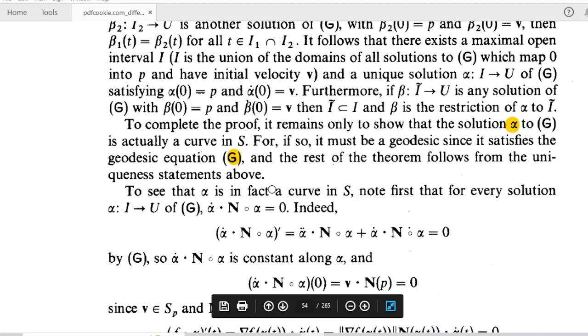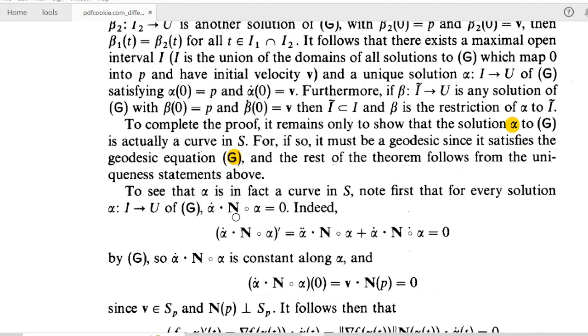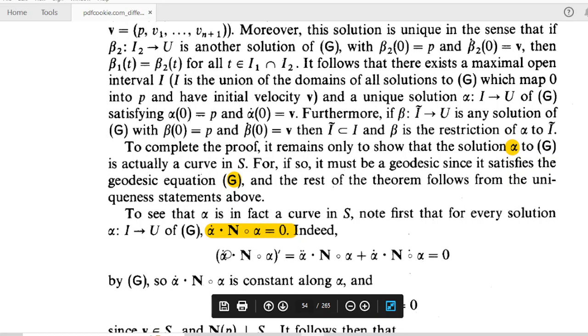So to see that alpha is in fact a curve in S, note first that for every solution alpha from I to U of G, every alpha is a curve and will satisfy this condition: alpha dot n composed with alpha is equal to 0. From the previous equation we get this equal to this, and this particular value will be equal to 0.